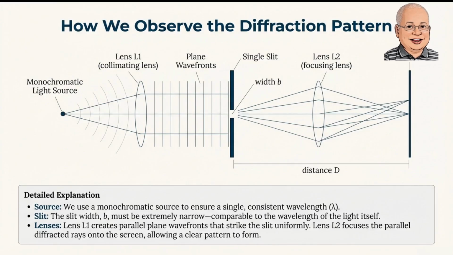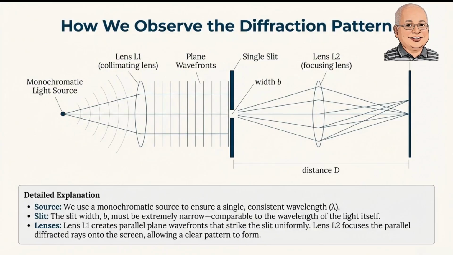Now, let us first think how we observe the diffraction pattern. So what we need is a monochromatic source of light, then a lens L1 which is collimating the light beam coming from the source, that makes it a plane wave. So it generates plane wave fronts that are incident onto a single slit. Slit width is b.